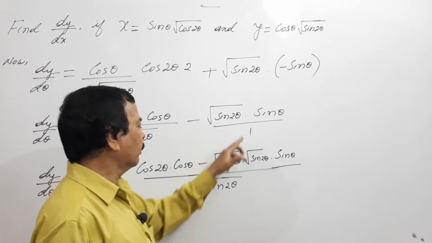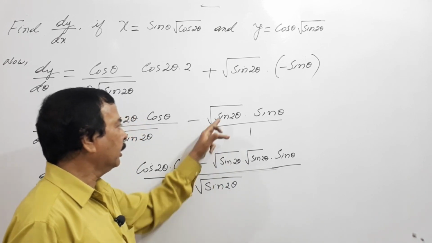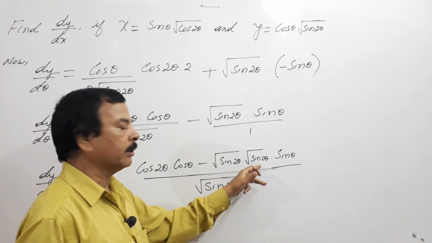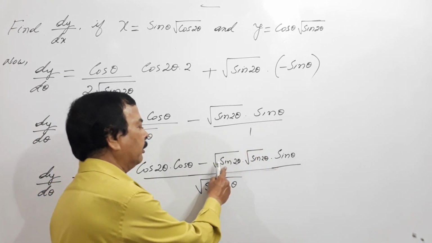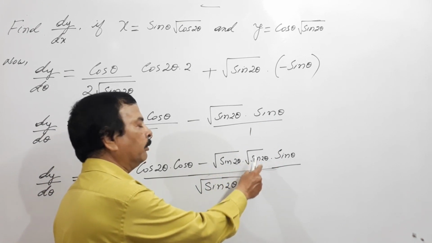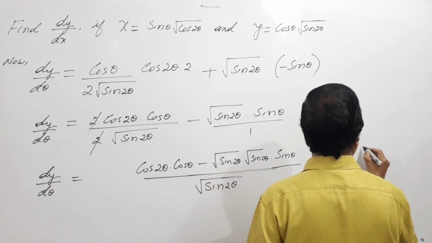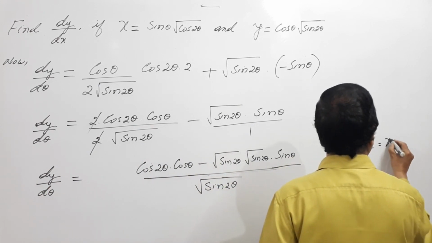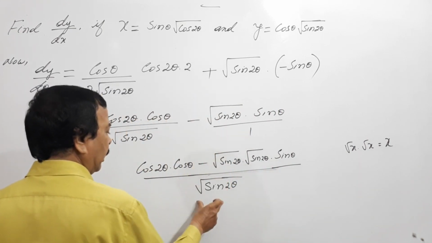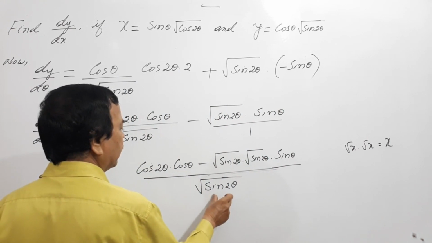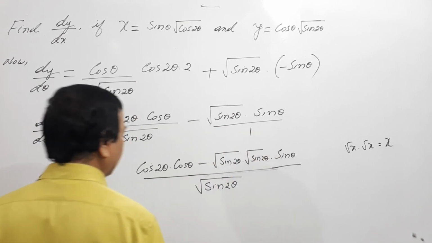So sin 2 theta times under the root sin 2 theta. Under the root sin 2 theta into under the root sin 2 theta becomes sin 2 theta. That is root x into root x equals x. Similarly, after division it goes, one goes under the root sin 2 theta, that sin 2 theta into this sin 2 theta.